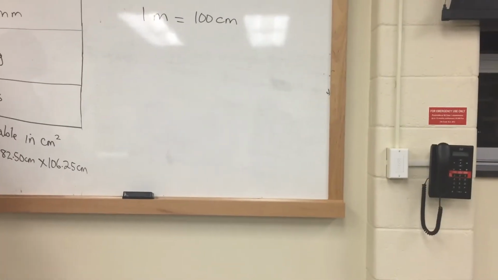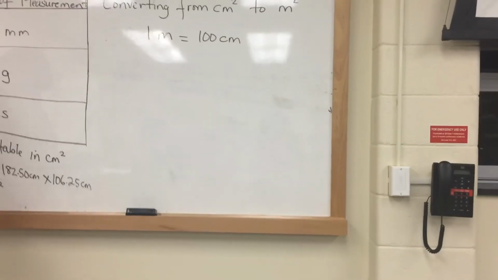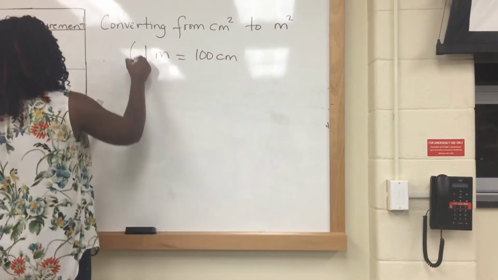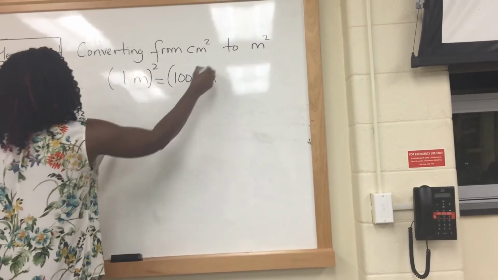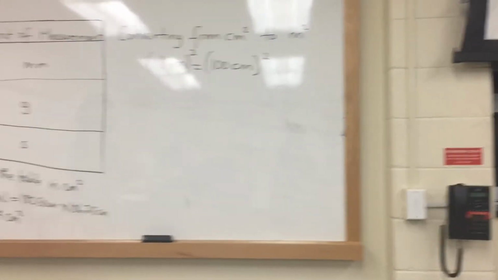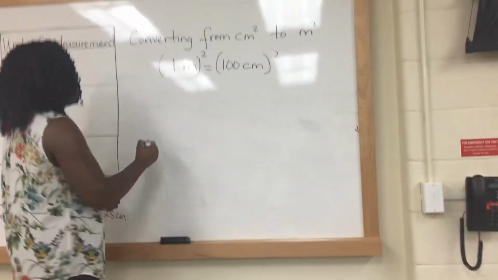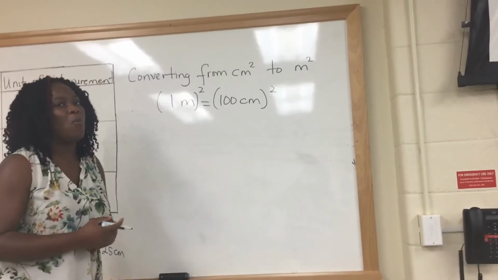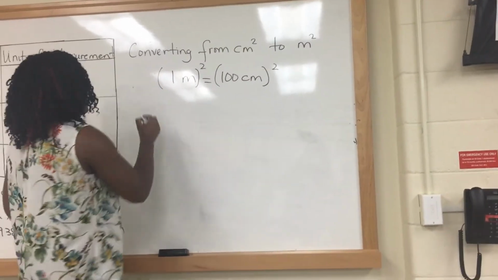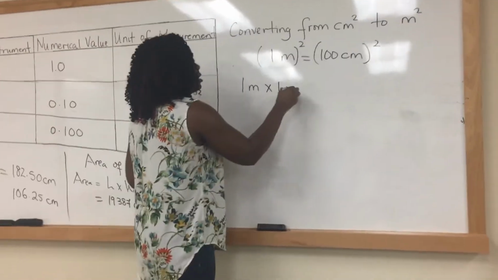Now to go from squared centimeter to square meter, it means that we could square both sides of the equation. Now the exponent is basically telling you how many times to multiply the number. So it's telling you to multiply 1 meter 2 times. So we say 1 meter times 1 meter.